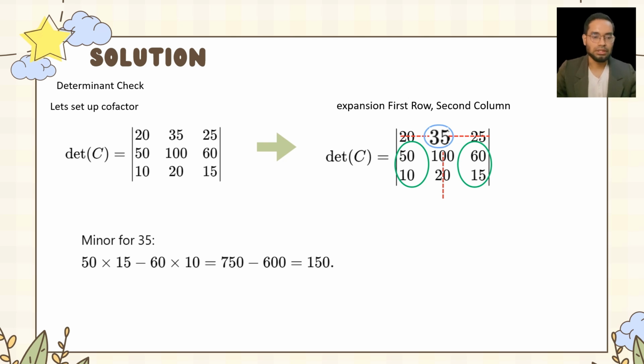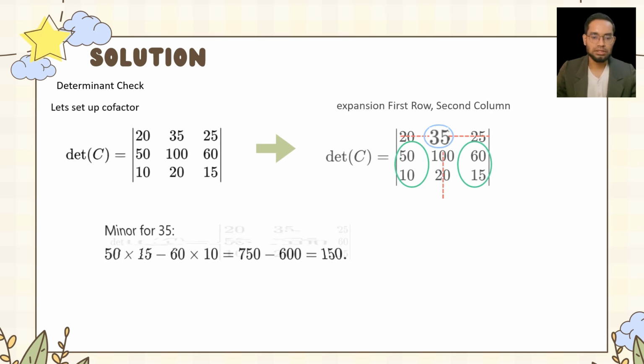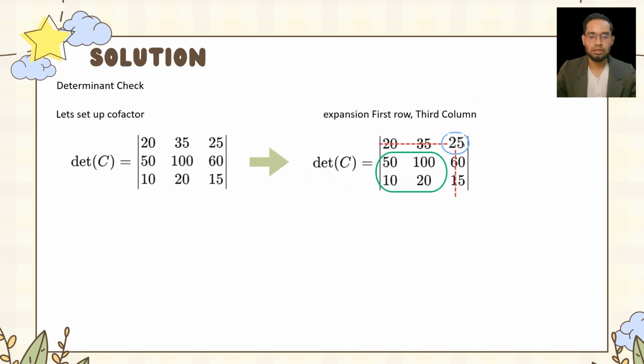So moving on to the next slide, which is the expansion on the third column. For this slide, we remove the numbers on the first row and the third column to find the 2 by 2 matrix of the remaining numbers, which are 50, 100, 10, and 20. Okay, let's get on to the calculations.